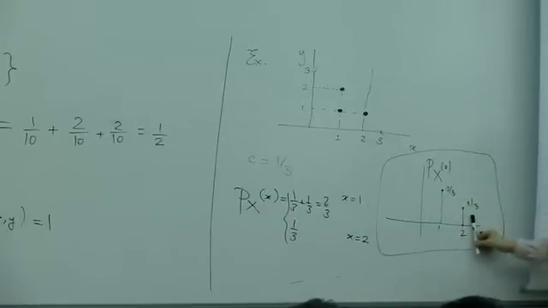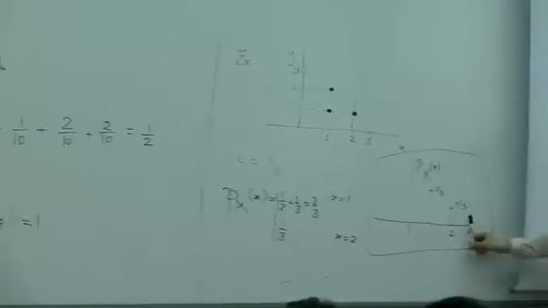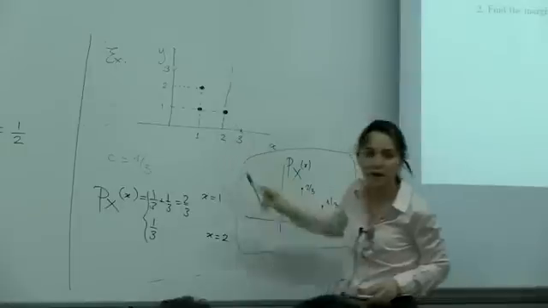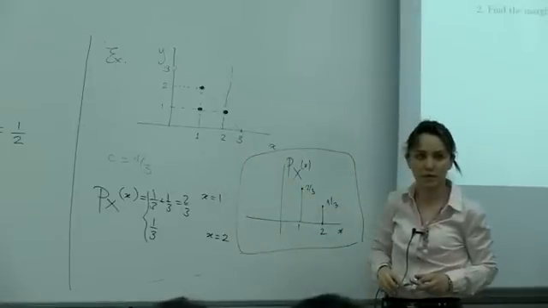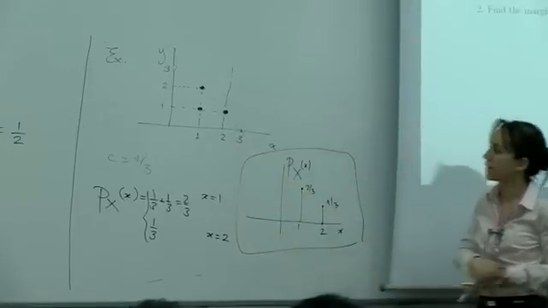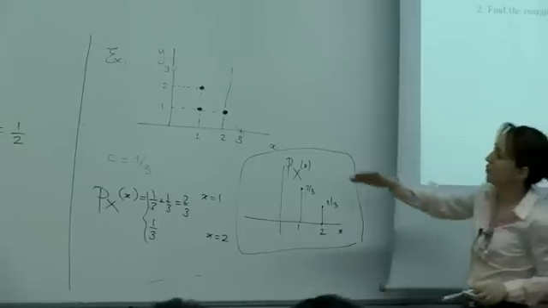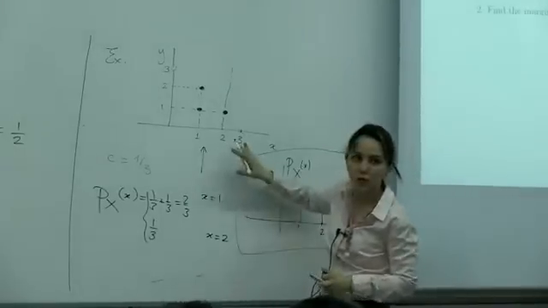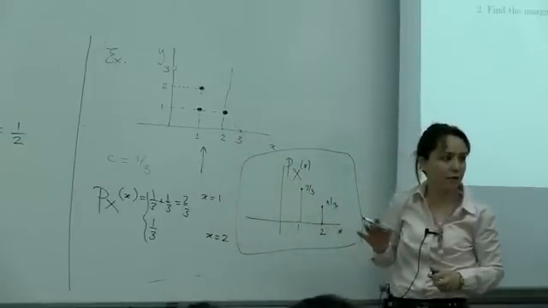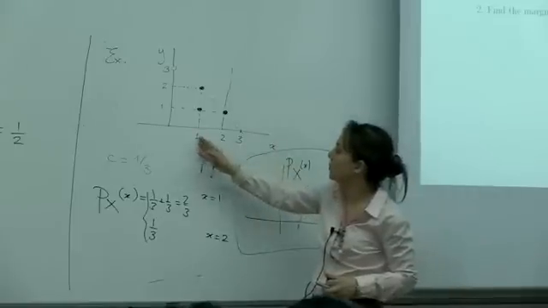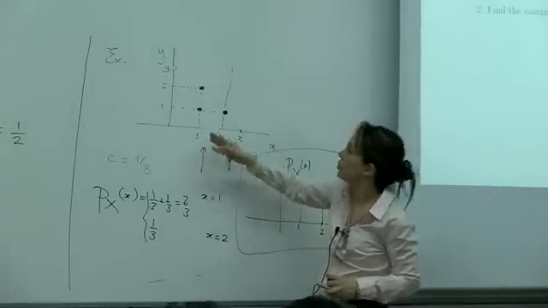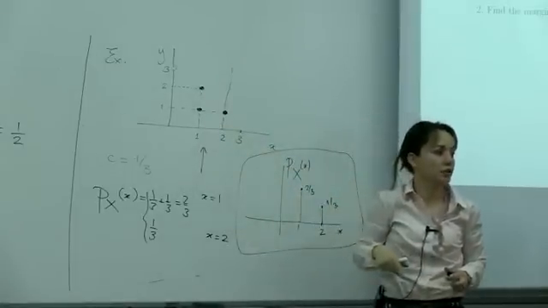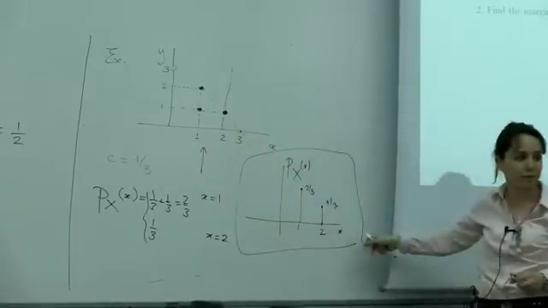This picture is obtained by summing the weights along the y dimension. It's also like you look from this direction at the three-dimensional joint PMF, and for every value of x, you just combine all the weights along the y direction, and you get this picture.